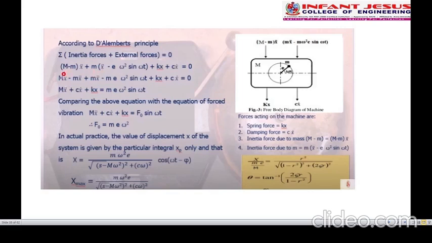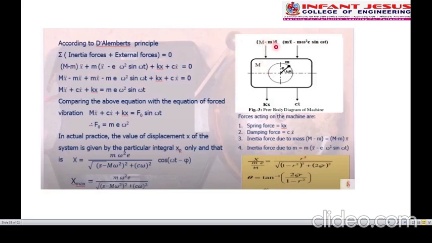You can also take all the forces as negative and solve the problem. We can cancel the negative signs and make it positive.